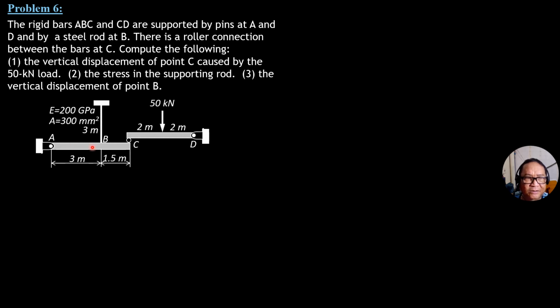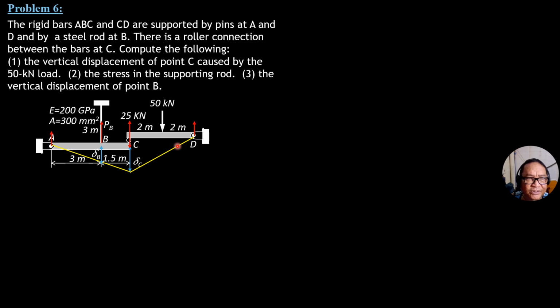Because the two horizontal bars are rigid, when the load is applied, they will rotate about the hinges or pins at A and D respectively. So this will be the final configuration, exaggerated.